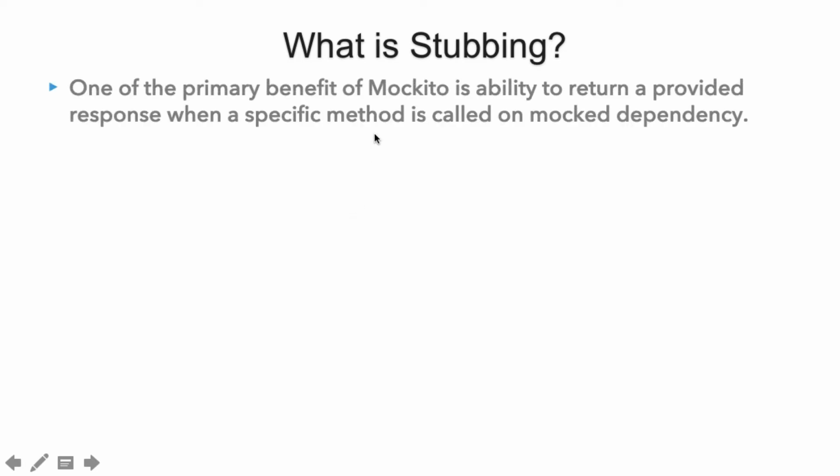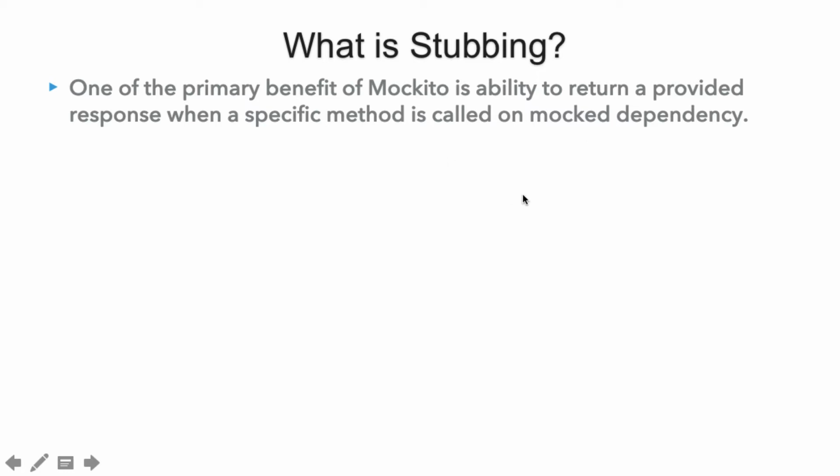One of the primary benefits of Mockito is the ability to return a provided response when a specific method is called on a mock dependency. As we are mocking out the external dependency, when our class under test calls any method on the mock dependency, we need to tell Mockito what to do.